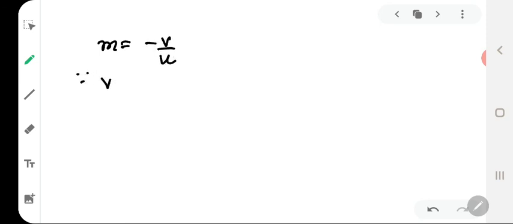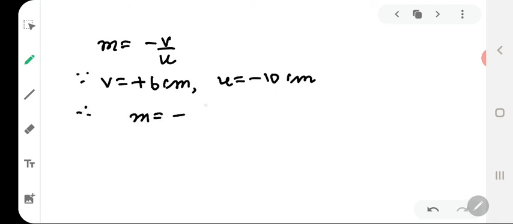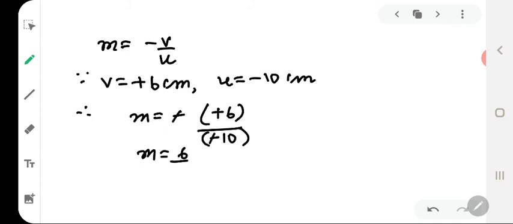Now since v is plus 6 centimeter, u is minus 10 centimeter, therefore magnification will be minus plus 6 divided by minus 10. So m is equal to 6 by 10, or we can write m is equal to 0.6.